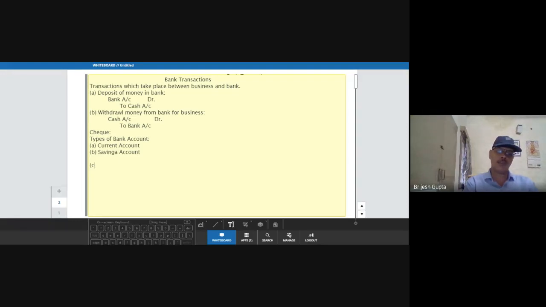Third account may be the fixed deposit account, commonly known as FD. And fourth account is the recurring deposit account. It is commonly known as RD.